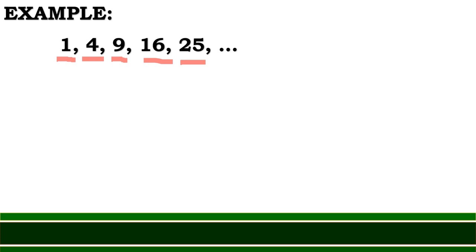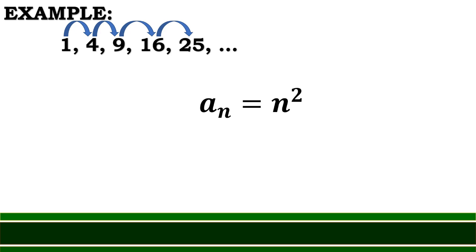Now, if you will encounter a form of sequence na lahat sila ay perfect square number, okay, the general form will be n squared. Okay, bakit n squared?